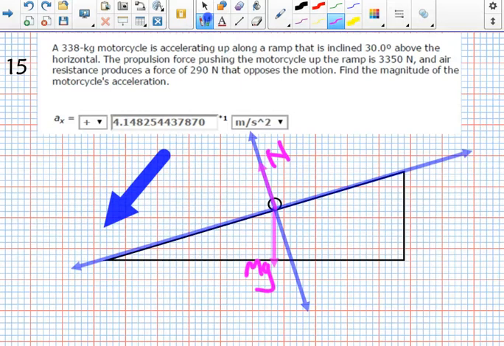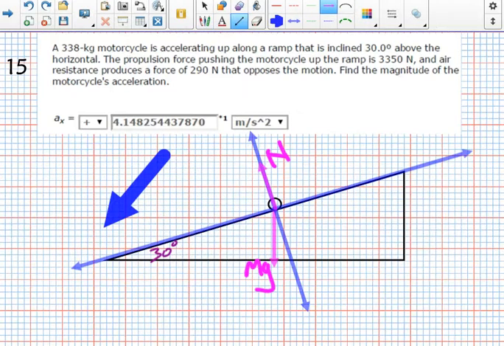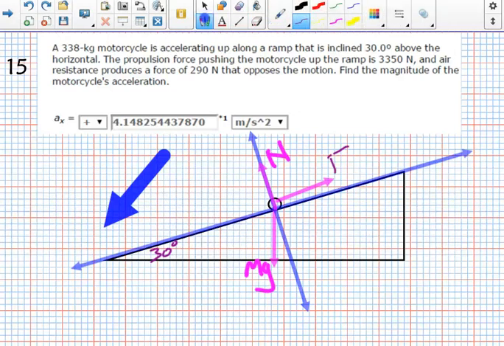Then, oh, by the way, let's not forget this is a ramp that is inclined at 30 degrees. So they say the propulsion force pushes the motorcycle up the ramp. So the force pushing it up the ramp, we'll call it force of propulsion.